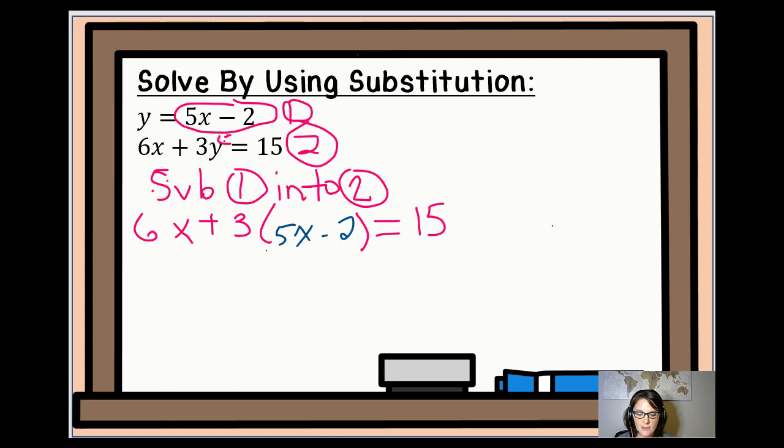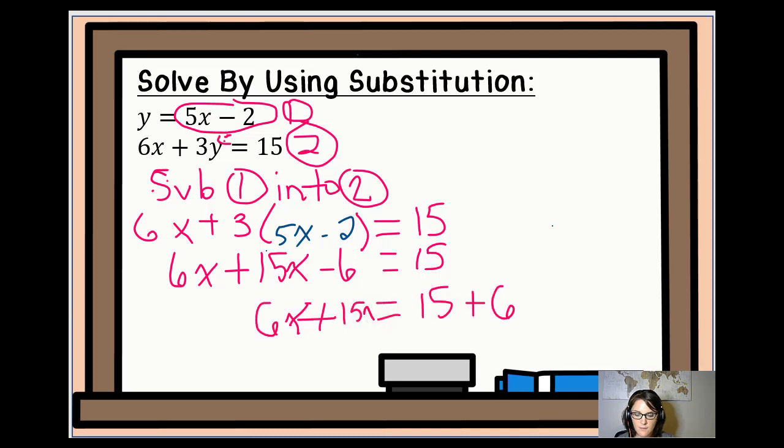So 6x plus 15x minus 6 equals 15. And then I'm going to add 6 to both sides. So then we have 21x is equal to 21. And then solving for x, x is equal to 1.